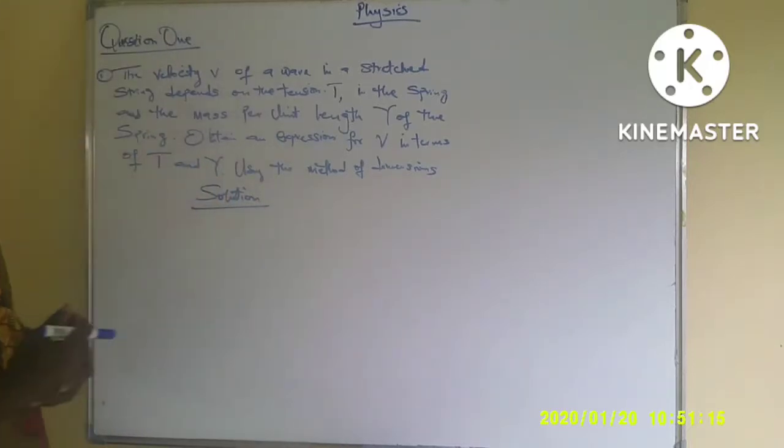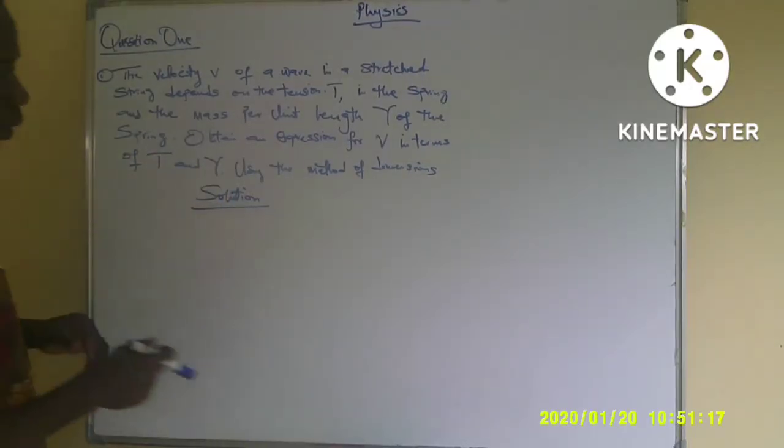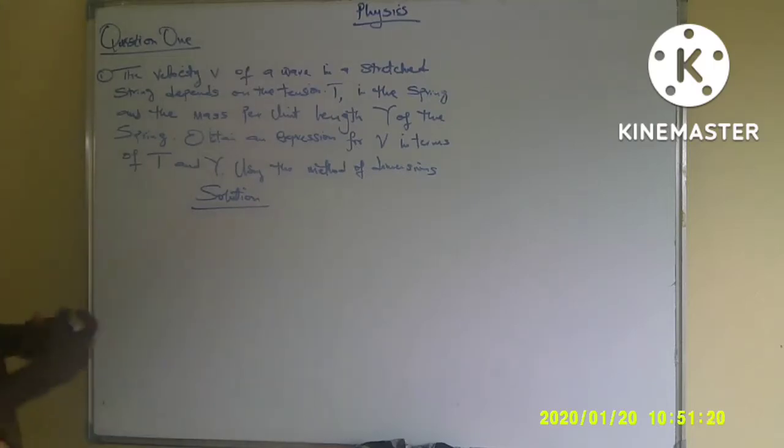And now today, we want to talk about the expressions of equation using dimensions. And here is a very classical question before us. This is one of the examination questions that was presented before us.